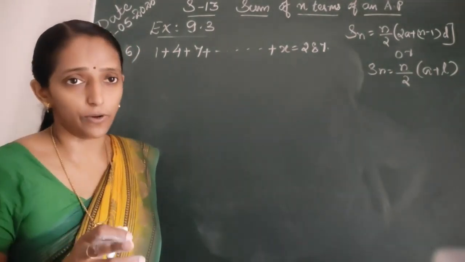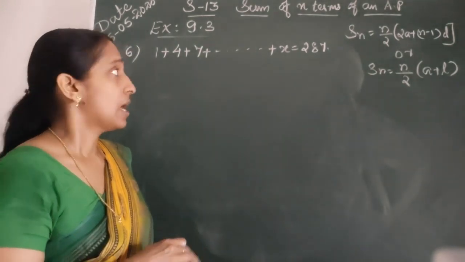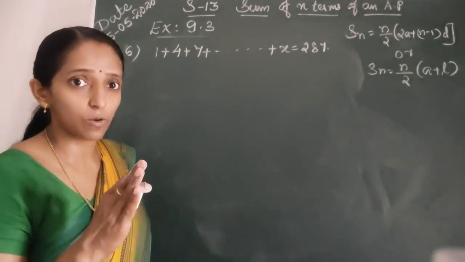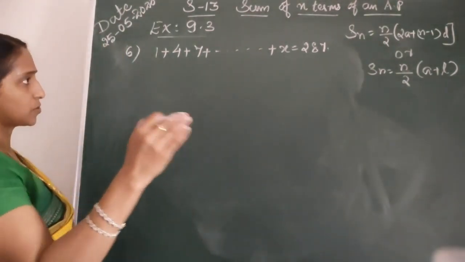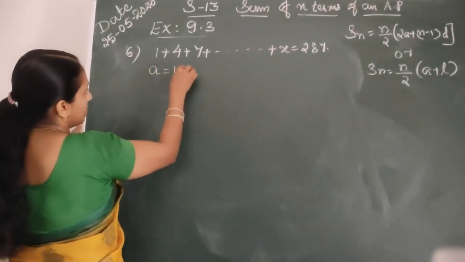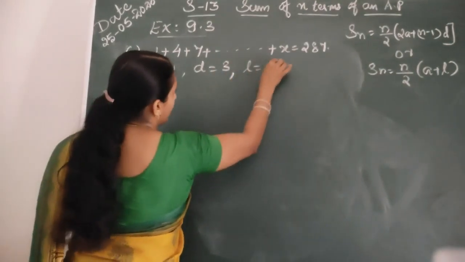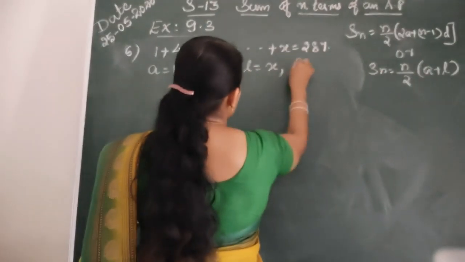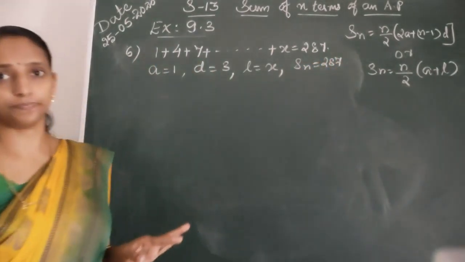Two things are unknown: the last term L, which is x, and the number of terms. Here a is 1, d is 3, L equals x and Sn equals 287.